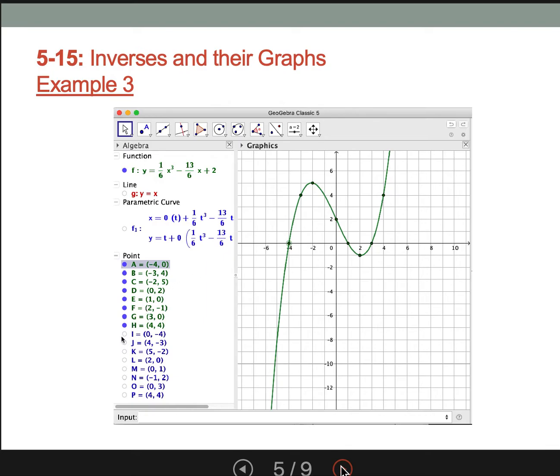We're going to graph 0, -4, 4, -3, the flipped version of -2, 5 becomes 5, -2, then 2, 0, which is the flip of 0, 2, 0, 1, -1, 2, 0, 3, and 4, 4.